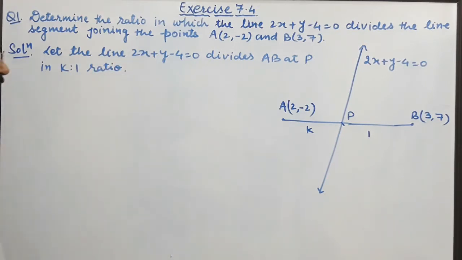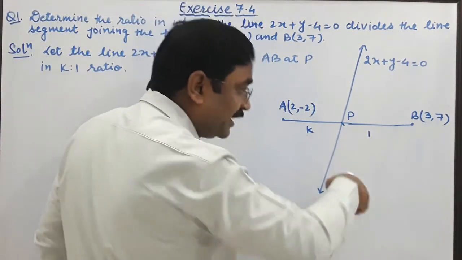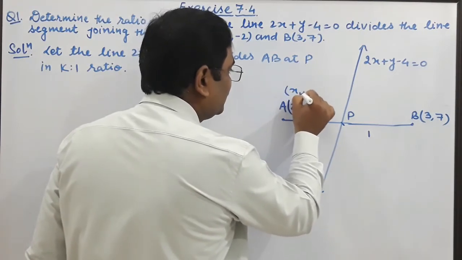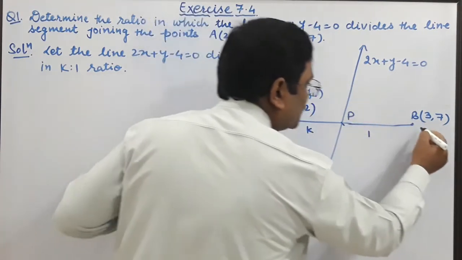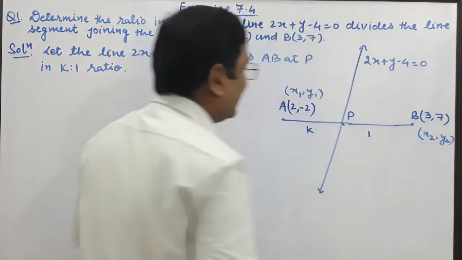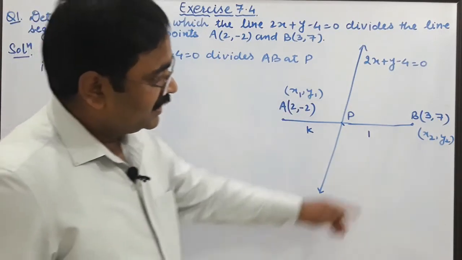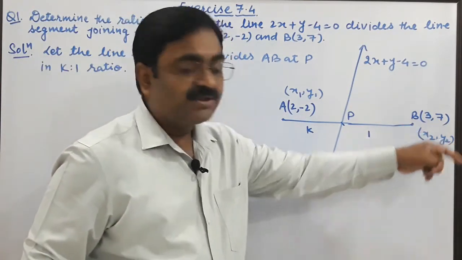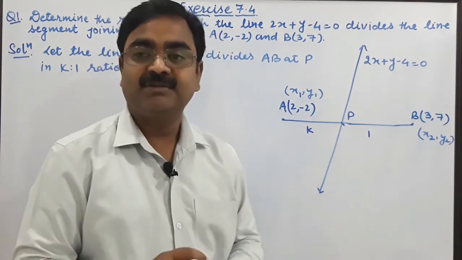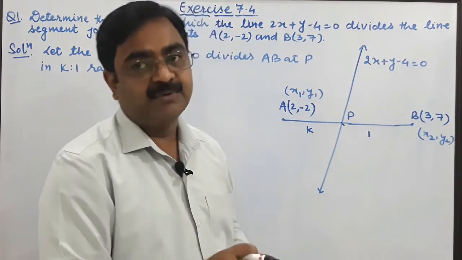Here k is to 1 is the ratio that we are going to find out. Suppose A is x1 y1 and B is x2 y2. It means x1 is equals to 2 and y1 is equals to minus 2, x2 is equals to 3 and y2 is equals to 7. So let us find out the coordinate of P first.